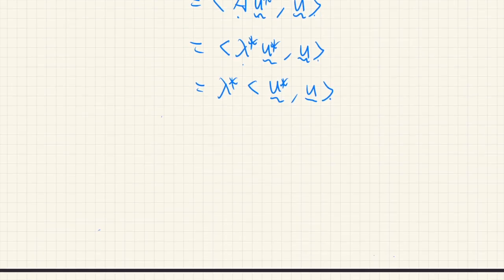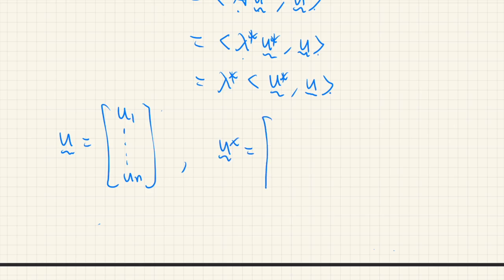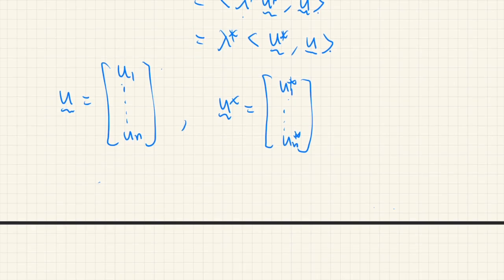Now let's consider the elements of the vector u. Let's write it explicitly. We have something like this, and its complex conjugate will be u1 star up to un star. Here u1 star is the complex conjugate of u1 and so on. So the inner product between these two vectors becomes u1 star times u1 and so on, up to un star times un.